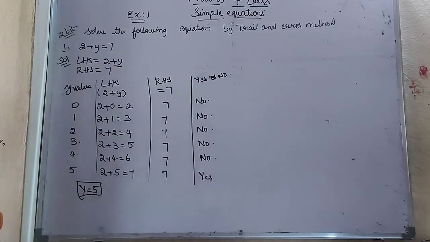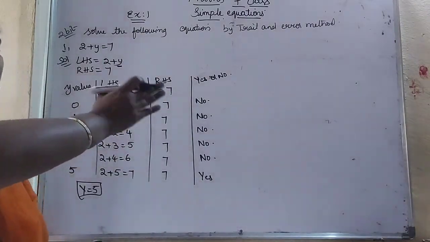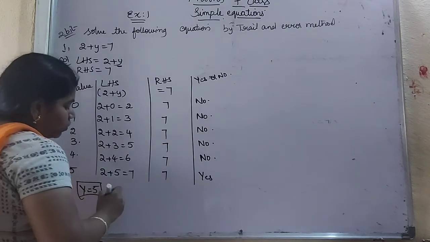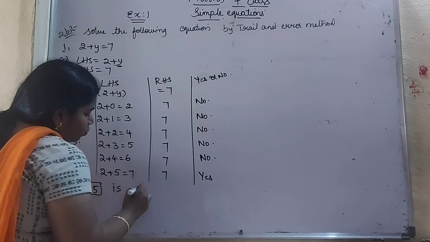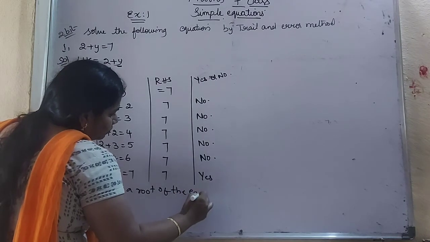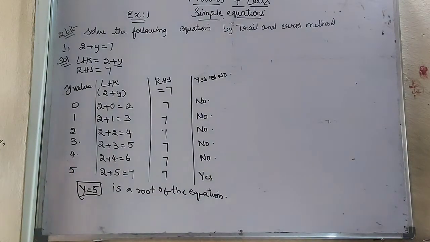If you substitute 5 in place of y, the LHS part and RHS part are equal. So we call y equals 5 a root of the equation.